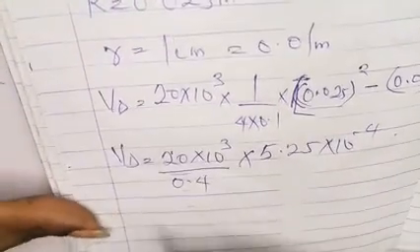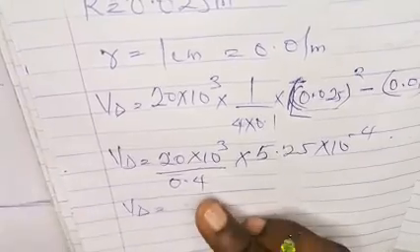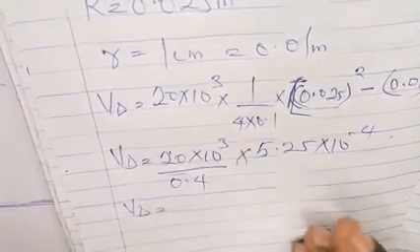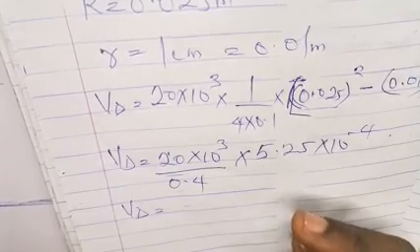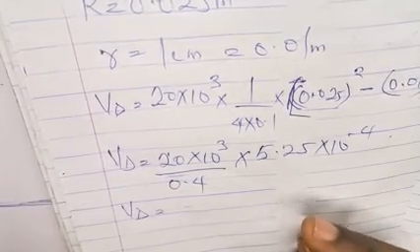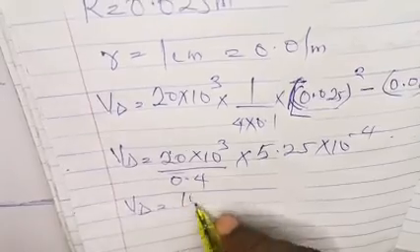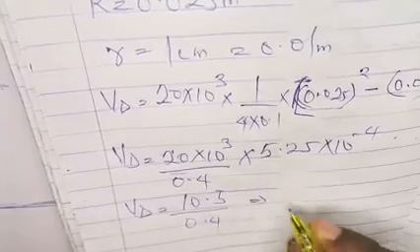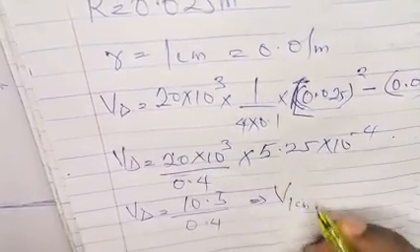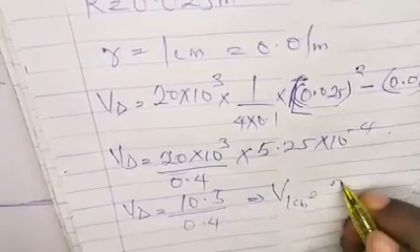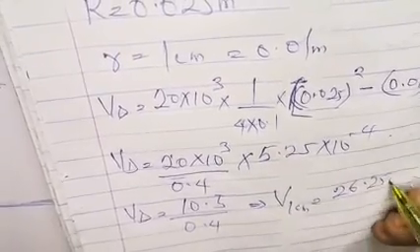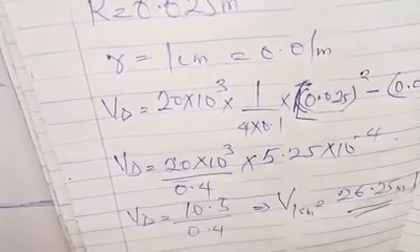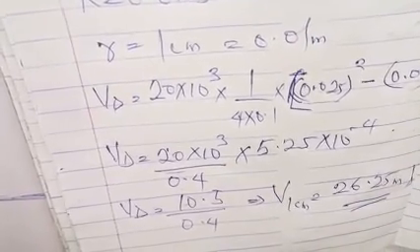So velocity at that distance is now equal to 20 exponential 3 multiplied by 5.25 by 10 to the power of minus 4, and that gives us 10.5 divided by 0.4. This implies that velocity at 1 centimeter is now equal to 26.25 meters per second. So this is now the velocity at that particular distance.